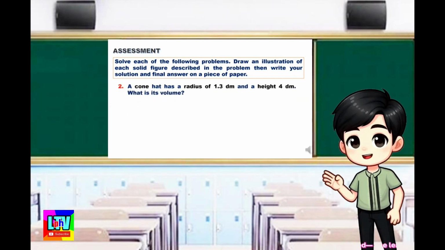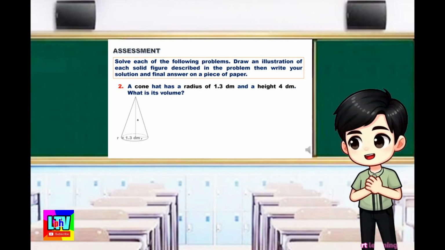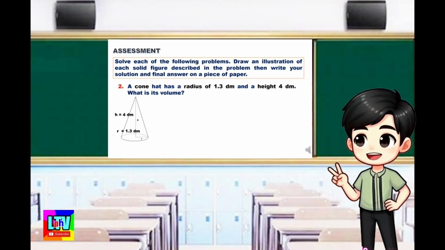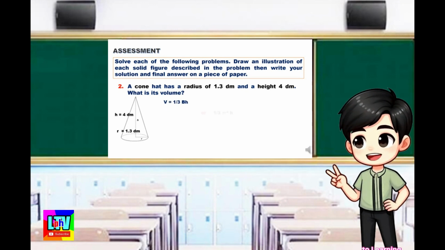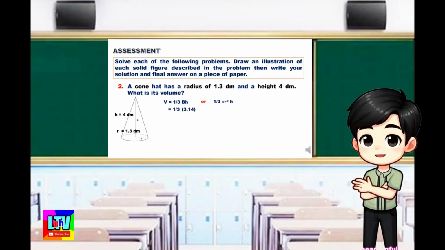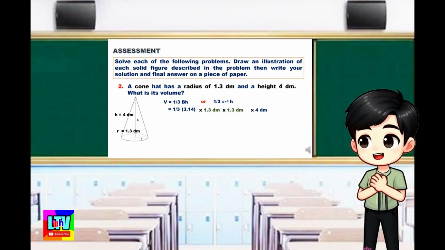A cone hat has a radius of 1.3 decimeters and a height of 4 decimeters. What is its volume? Using this formula, so 1/3, pi is 3.14, and the radius is 1.3 times 1.3 times 4 decimeters.